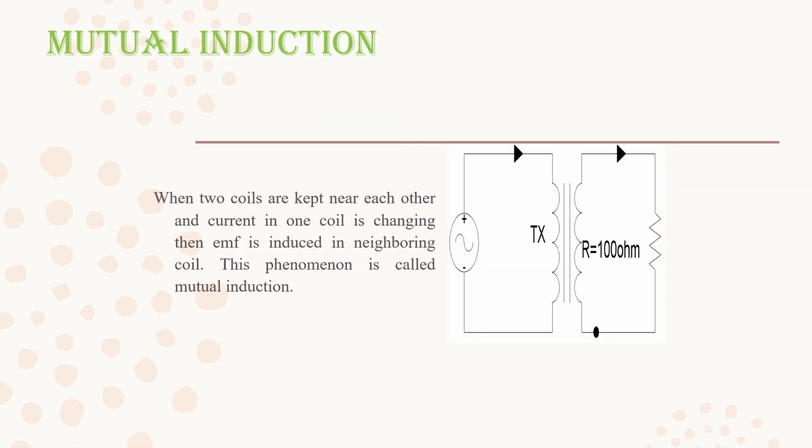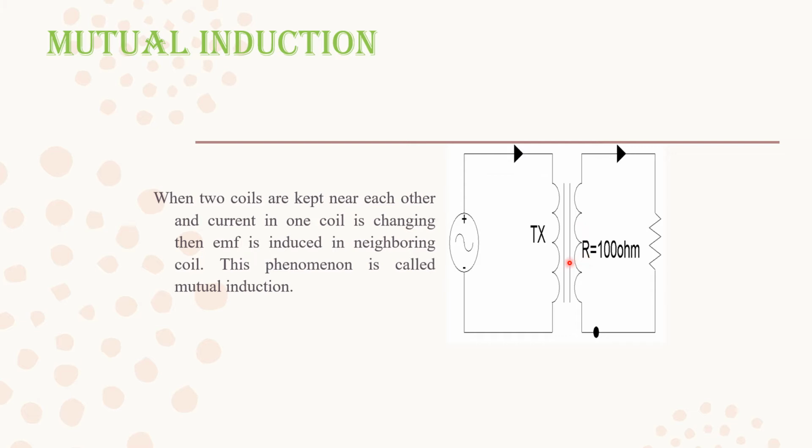Now let us see mutual induction. This part is similar to that of self-inductance. The only thing we added over here is another coil. So in mutual induction, what is happening? We have two coils. This is one coil and this is the other coil.